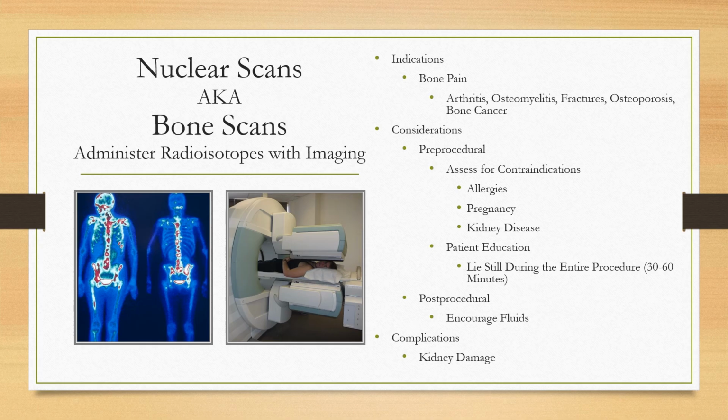Most of the time, the kidneys recover from this injury, and it's usually in patients that already have an injury to their kidneys, so they have renal disease, or they're dehydrated. They've come in dehydrated, they didn't drink a lot of fluids, and the flow to the kidneys is reduced, so the isotope is more concentrated. But in general, most people tolerate this test just fine.